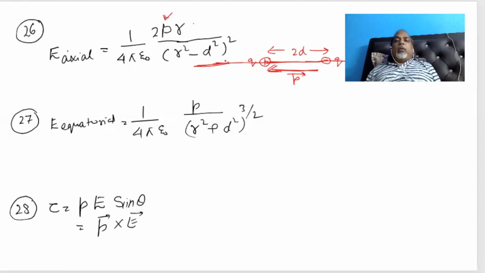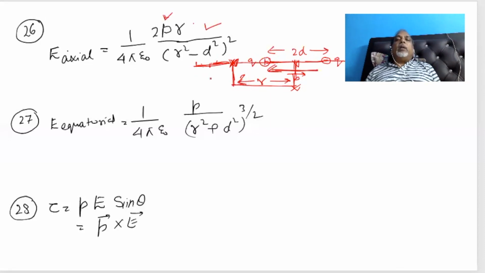If you want to find out the electric field at this axis, like here or here or here, and suppose you want to find out the electric field here, this r is the distance from the midpoint. Correct? From the midpoint, this r is, and then this is the formula.